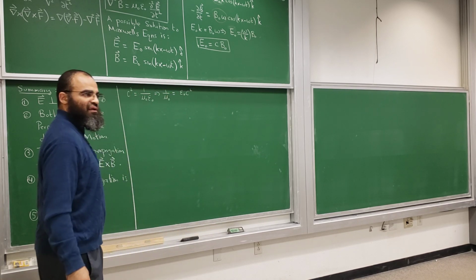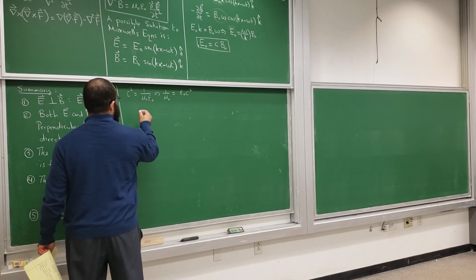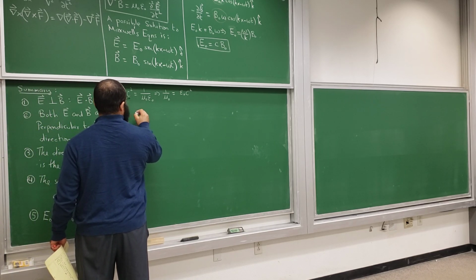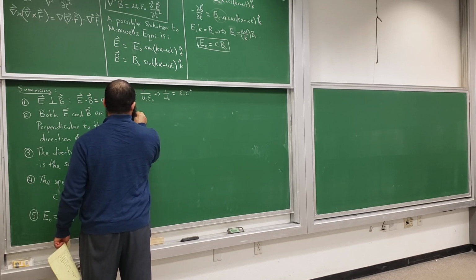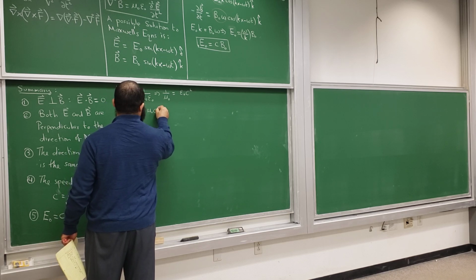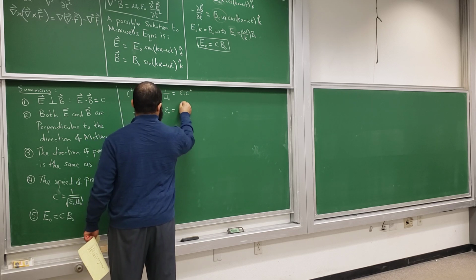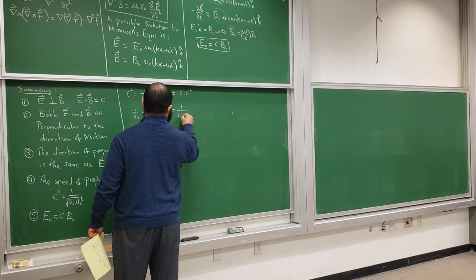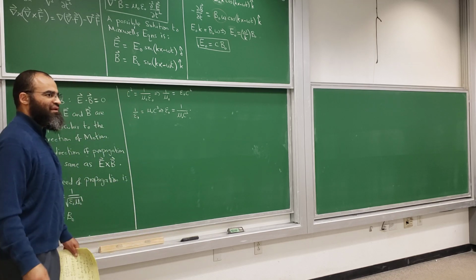Do you see that? On the other hand, 1 over epsilon naught is equal to mu naught c squared, which means epsilon naught is equal to 1 over mu naught times c squared.